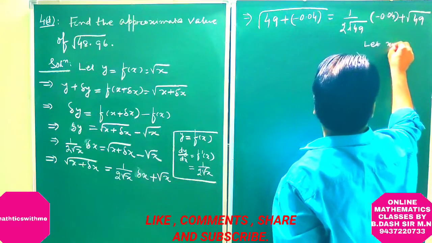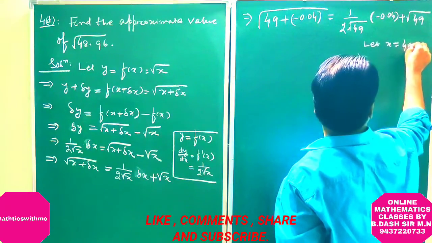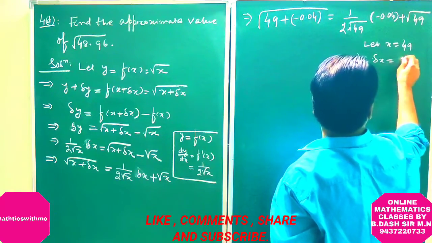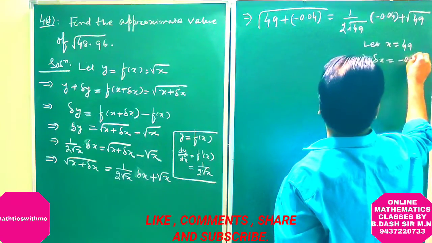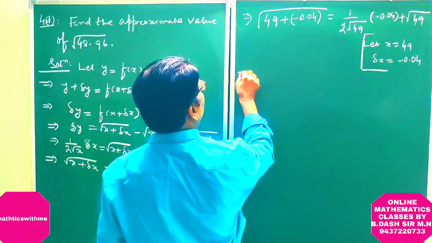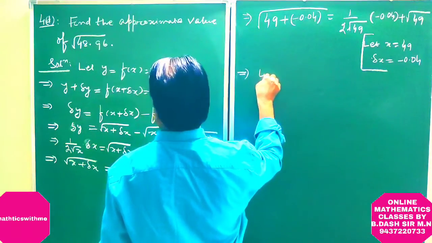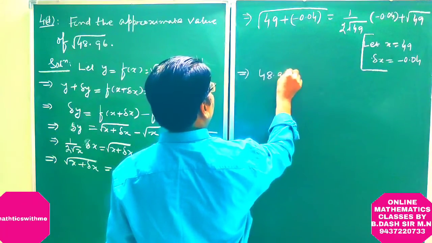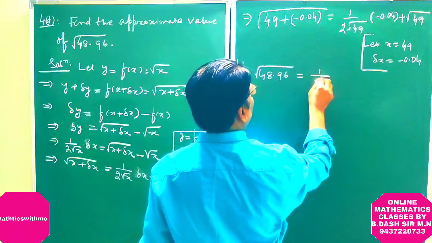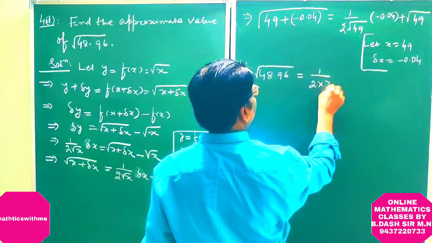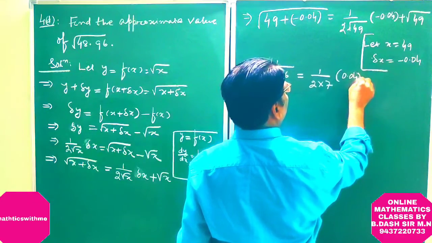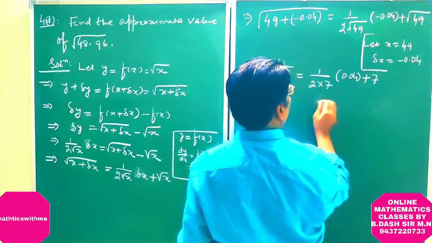Let x is equal to 49, delta x is equal to minus 0.04, implies √48.96 is equal to 1 by 2 into 7 into minus 0.04, plus 7.